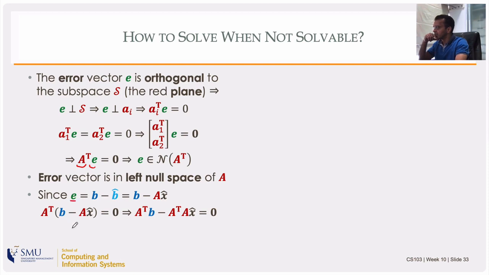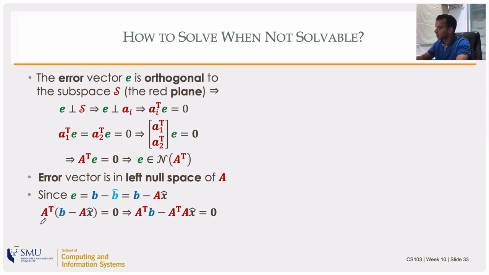Since E is in the left null space, and also because E is B minus B hat, which is B minus A times X hat, this is the error, and A transpose times E is equal to 0 as you have here. So A transpose times B minus A X hat is equal to 0.